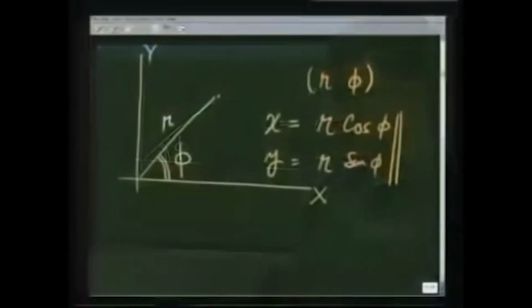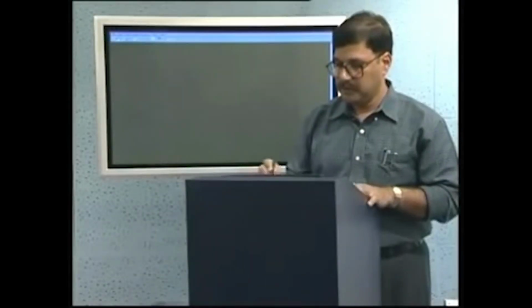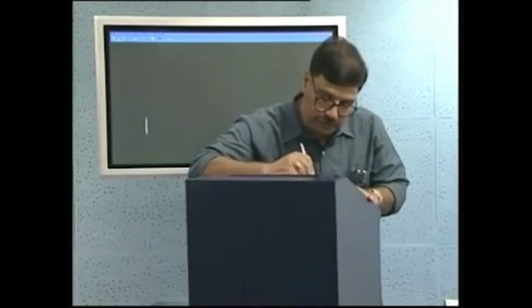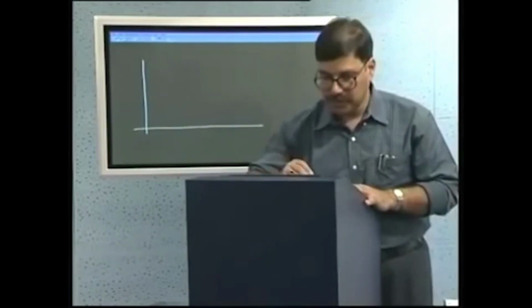The unit vectors are given as r unit vector in this direction and the other unit vector is in increasing phi direction perpendicular to r, so it is in this direction, which I will call the unit vector phi. To make it more clear, let me redraw it and show you these vectors more clearly.